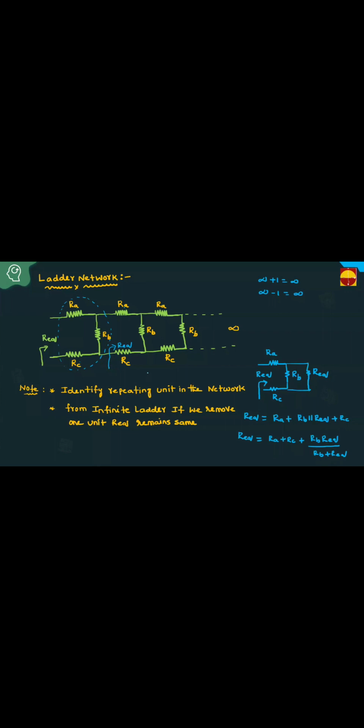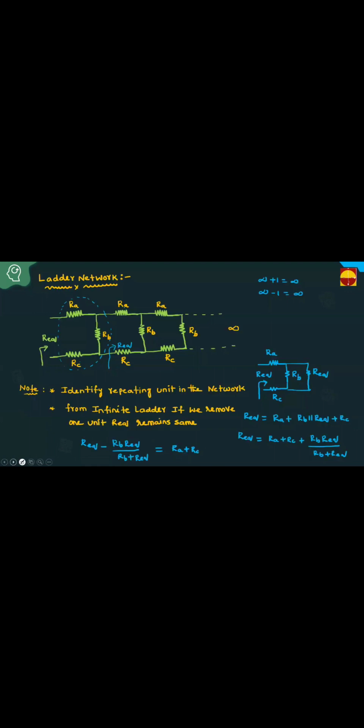Then from this, R equivalent minus, you bring this term to this side. RB into R equivalent by RB plus R equivalent is equal to RA plus RC. Then you have to simplify this, cross multiply.